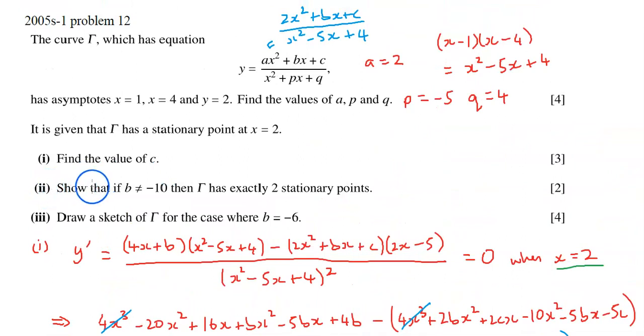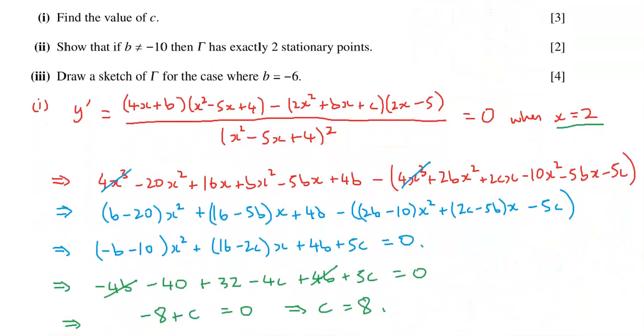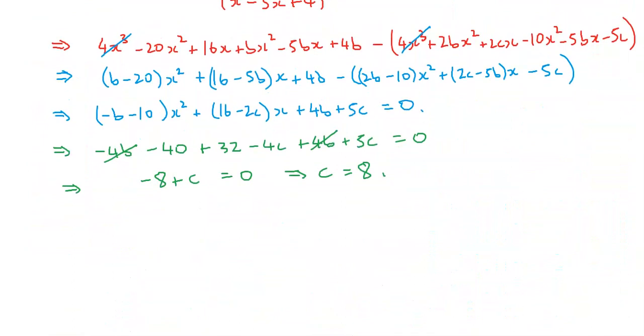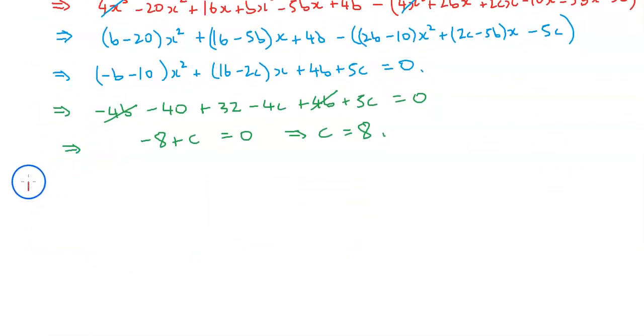And then part II asks us to show that if b does not equal negative 10, then gamma has exactly 2 stationary points. And luckily for us, we've done all the hard work already, because we found the derivative. So the values of x which solve, just to make it prettier, I'm going to move everything to the other side.